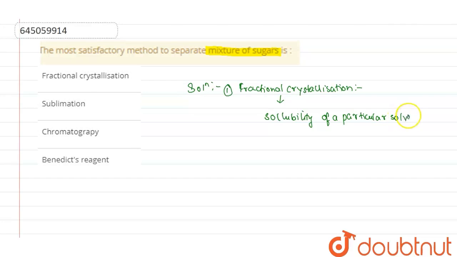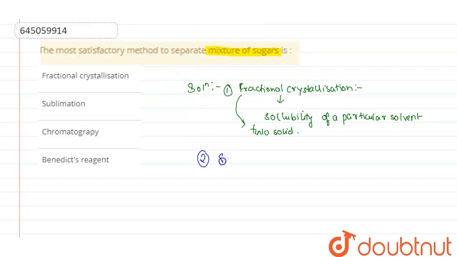During this process, two solids are separated based on their solubility in a particular solvent. So this is incorrect, as the mixture of sugars will have the orientation of OH in a different manner, so nothing as such will be seen here.